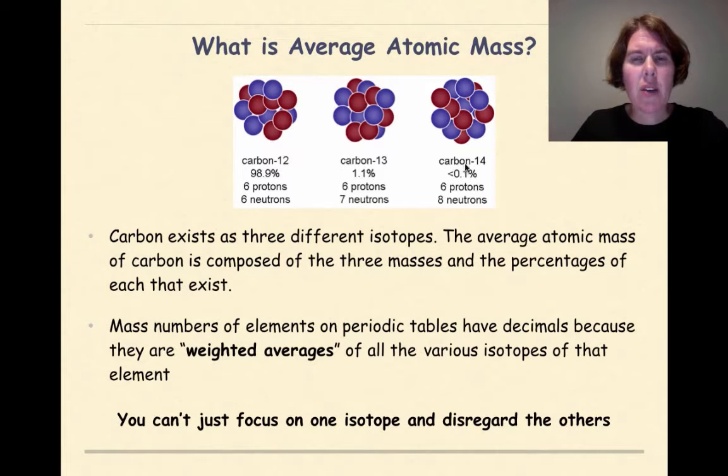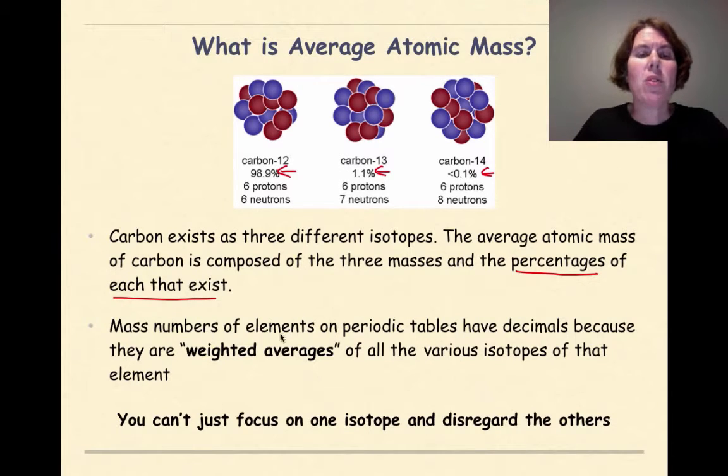Here's our little diagram that we had in the previous slide, and we're going to focus on the fact that carbon exists not as just one mass, but actually as 3 different isotopes, and each isotope has a certain mass that's associated with it. So when we find average atomic mass, it's going to be associated with those 3 masses and the percentages of each of those isotopes that exist.